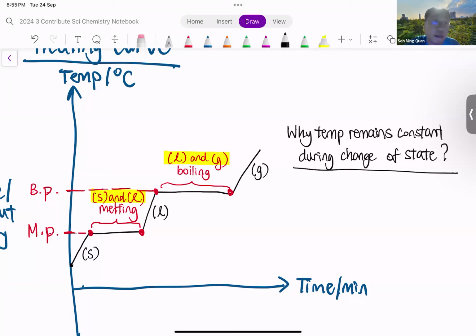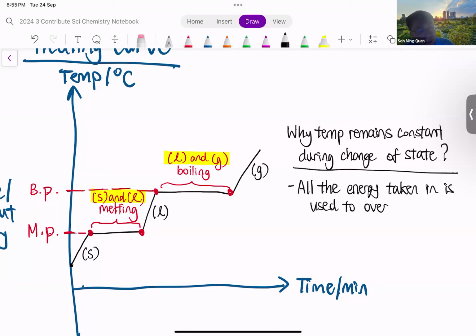So during change of state, the temperature remains constant. But why? The key is the energy. The energy taken in or absorbed is used to overcome the forces of attraction between particles.